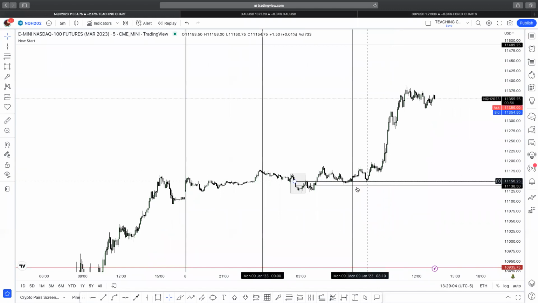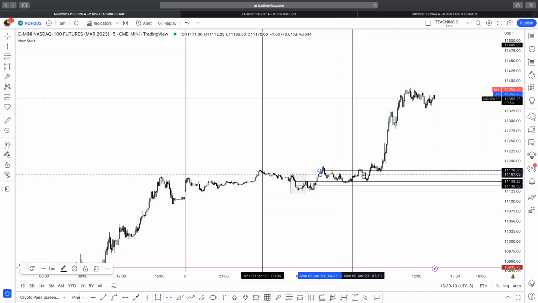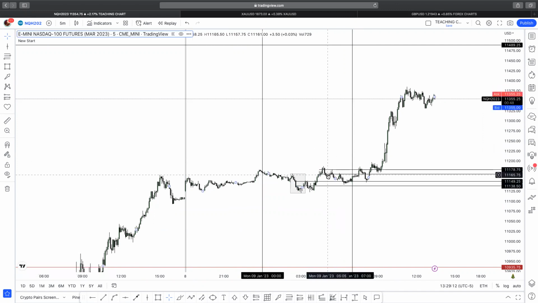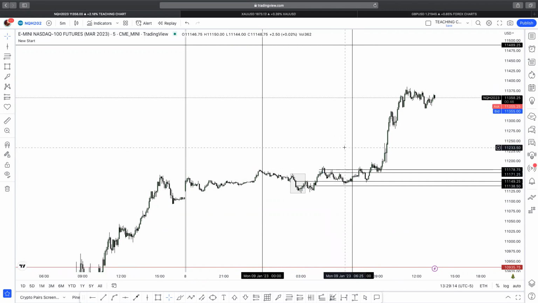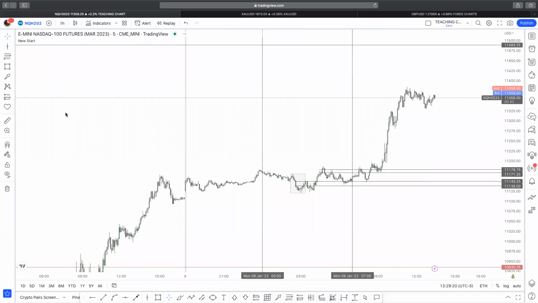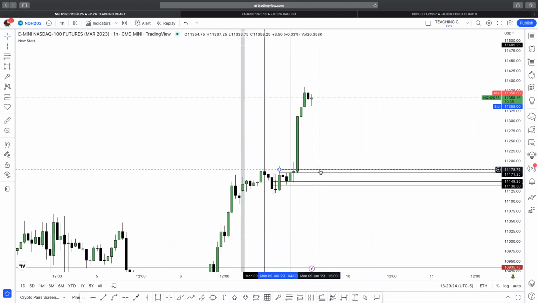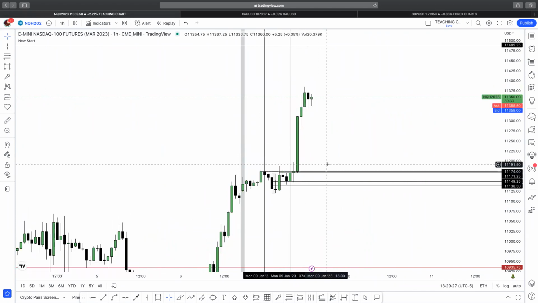All I'm going to say is, look, BPRs. Where are the BPRs for me? These are 5-minute ones. Imagine just using 1 hour levels. Order block.